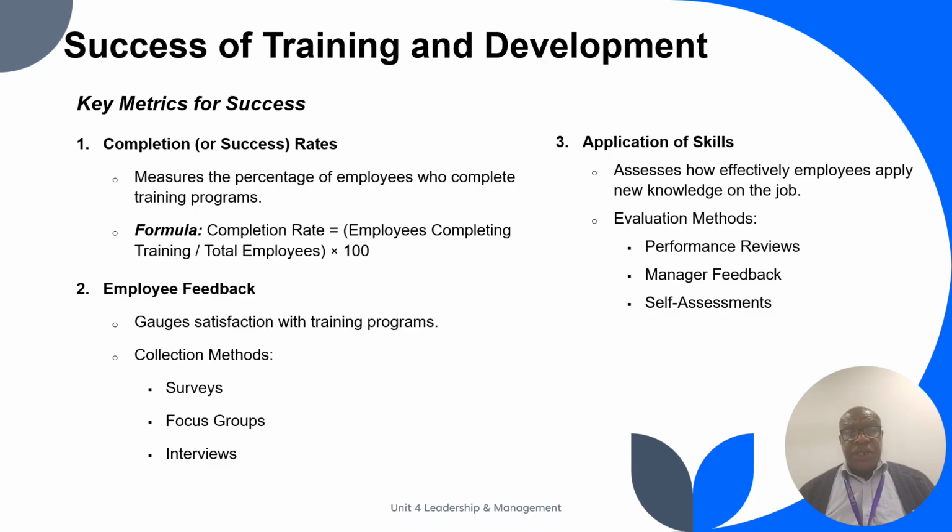Number three, application of skills, is also very good. As you learn and you're trained, management expects that you can now apply the skills that have been learned. So assess how effectively employees apply new knowledge to the job. You measure how much was being produced before this training and how much they are producing now.